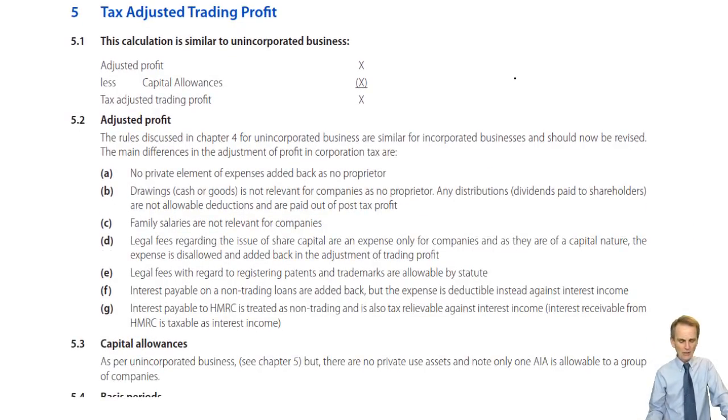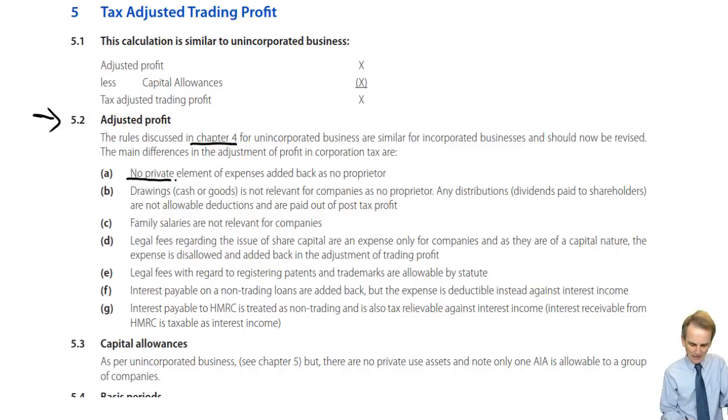More specifically, with this tax adjusted trading profit, as we said for the adjusted profit, now we made this statement, I hope, quite clearly back in our first session, but what differentiates it from chapter 4, where most of the rules in fact are the same, is here there will be firstly no private element.